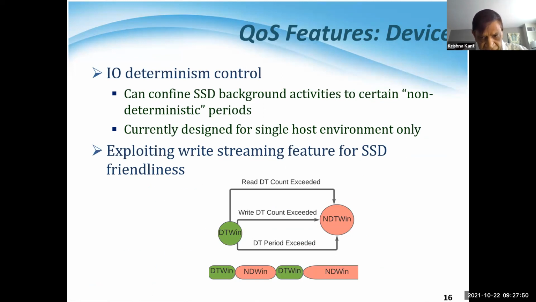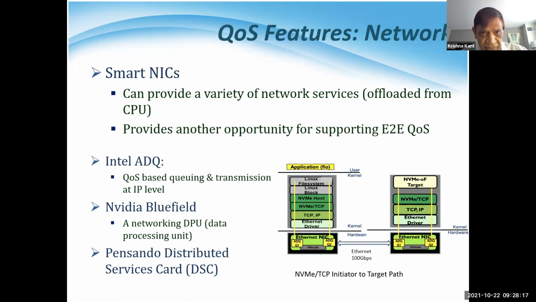Obviously, you cannot say that you're not going to make a high QoS request when the SSD is in the non-deterministic mode. So you would need two copies of your data, and you want to arrange it in such a way that at least one of those two copies is in the deterministic mode, and then you can provide this kind of a service. Okay, so that's one.